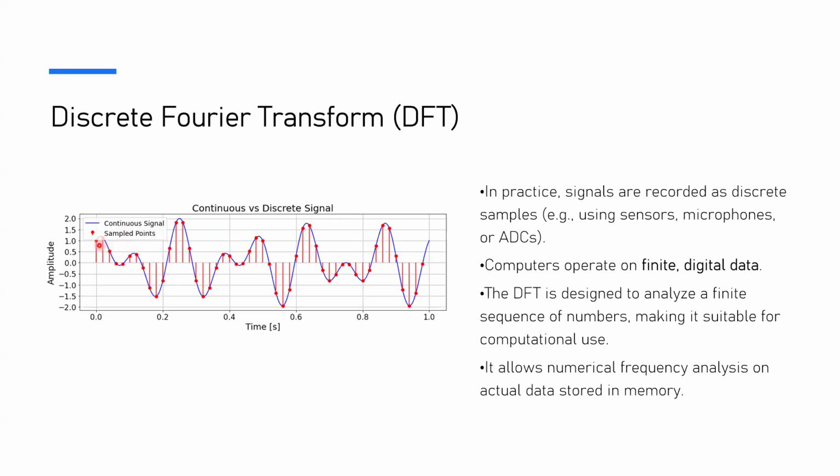So we will have some discrete values for some discrete times on this time interval. And we are performing our computational operations on these finite values. So we are using discrete Fourier transform instead of Fourier transform on the continuous signal.